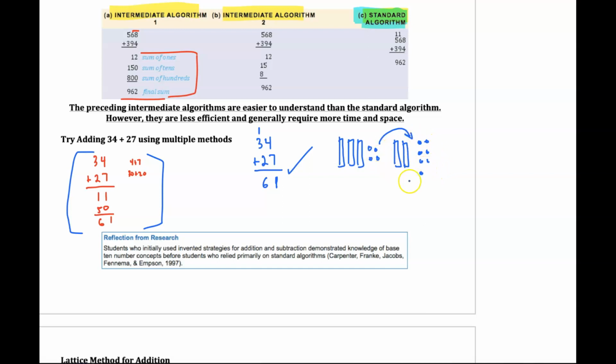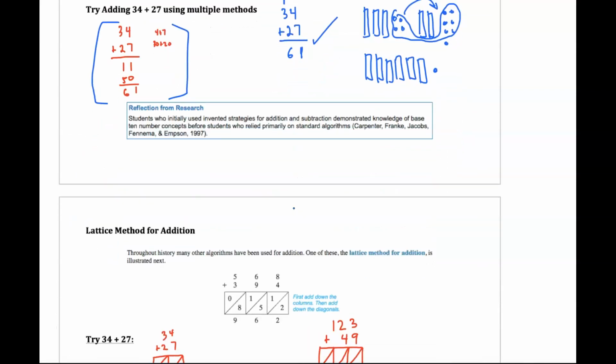But what you do is you end up regrouping 11. You end up taking that set there and making another group of 10. And that's what that 1 is. Oh, I just added another group of 10. And so now you have 6, and then you're left with that 1. That's what's really going on with the standard algorithm there.